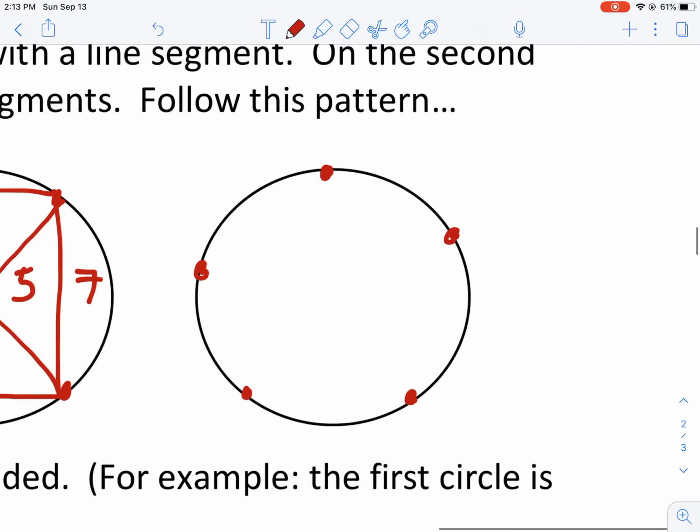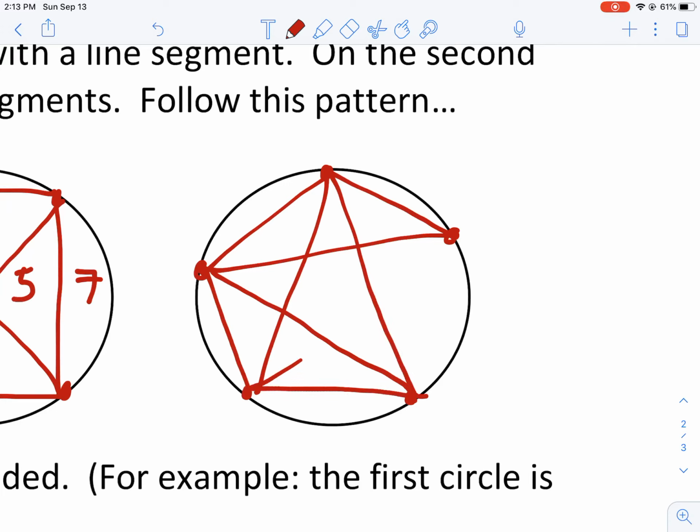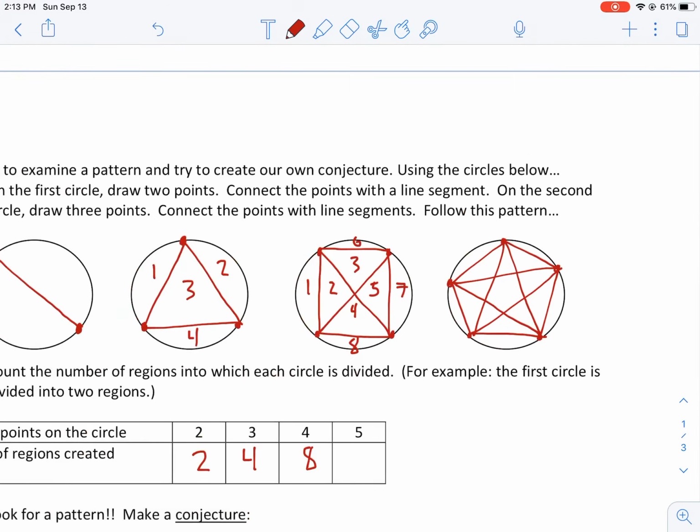So now we want to connect all of these. All right, so we connect those points.